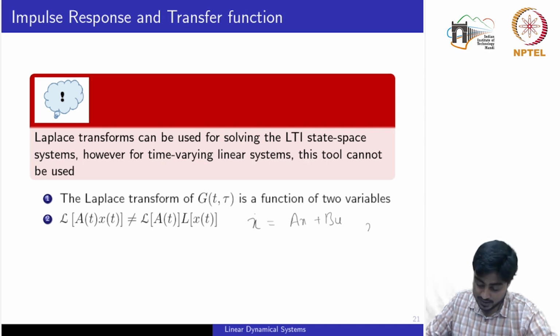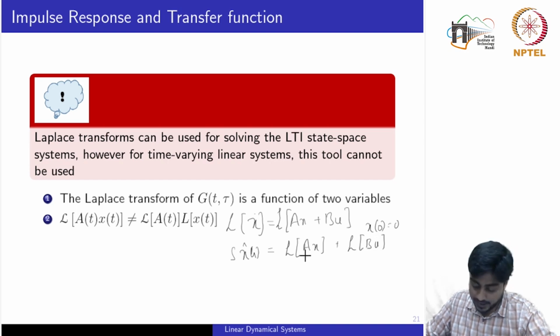Suppose we have the zero initial condition, that is to say x0 is equal to 0. Now, if I take the Laplace transform of both sides, then this I could write as x hat of s, and this part, let's denote for the moment, as A into x plus Laplace of B into u.